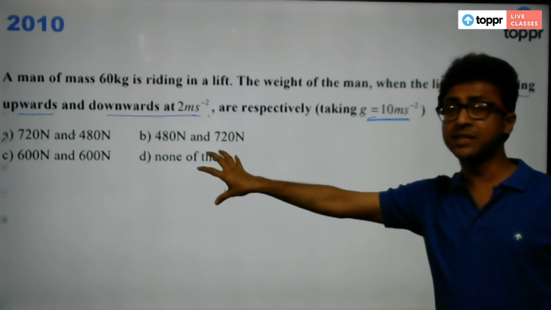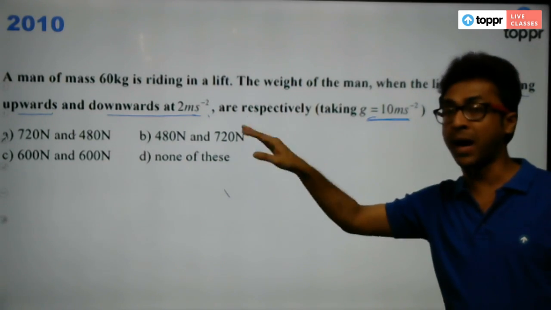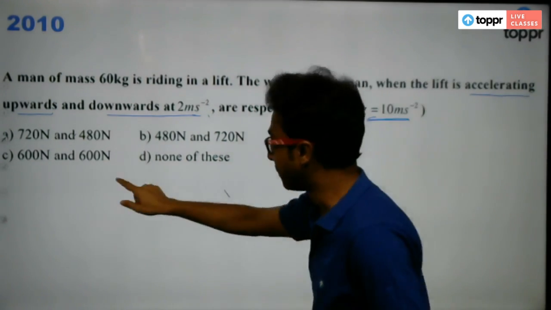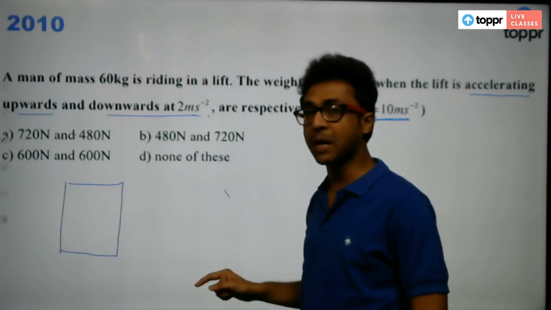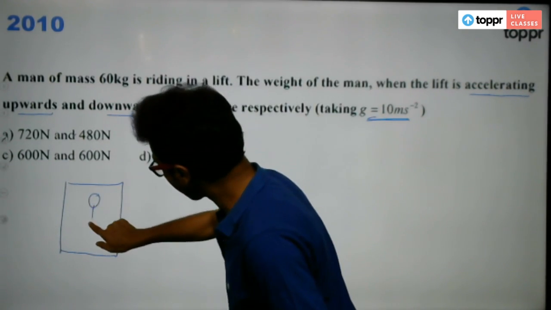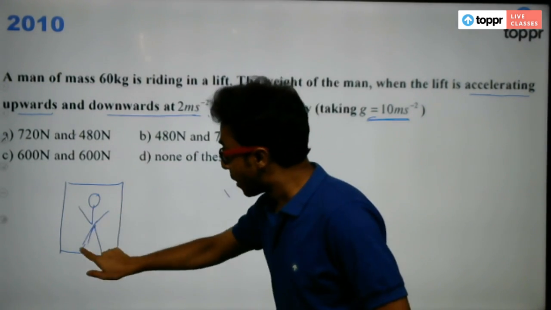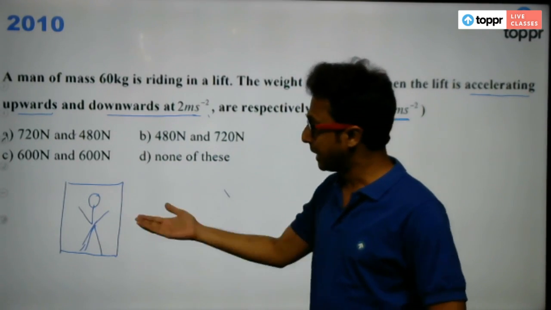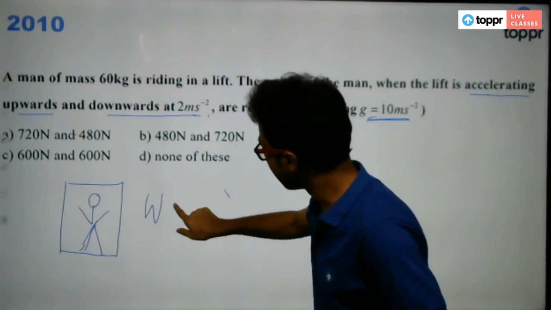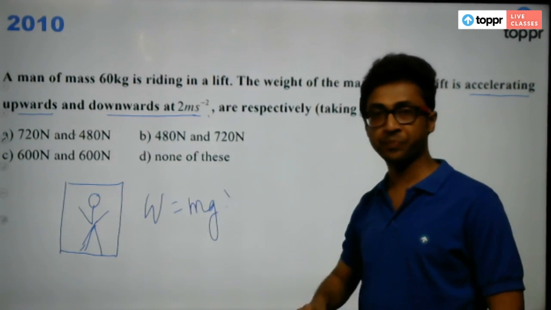Now this is a classic problem where a man is within an elevator. What happens when somebody is in an elevator? When the elevator is stationary, definitely the weight of the man is nothing but your normal weight, that is mg.